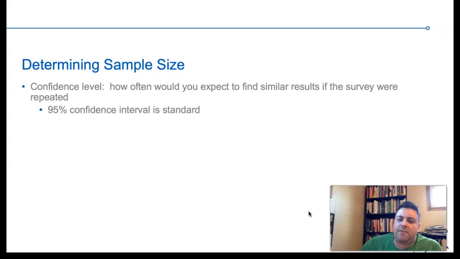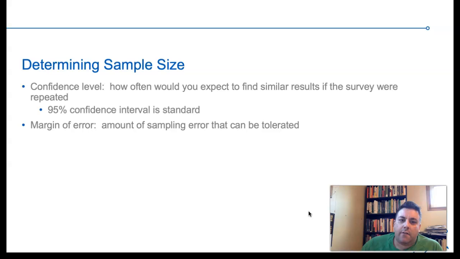Sometimes you see something called a confidence interval. A confidence interval is a way to determine the upper and lower limit of a particular estimate or conclusion. Usually you see a 95% confidence interval, and essentially the interpretation is how confident you can be that you would get similar results if the survey were repeated.